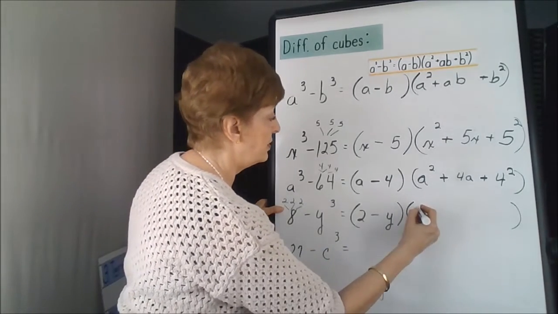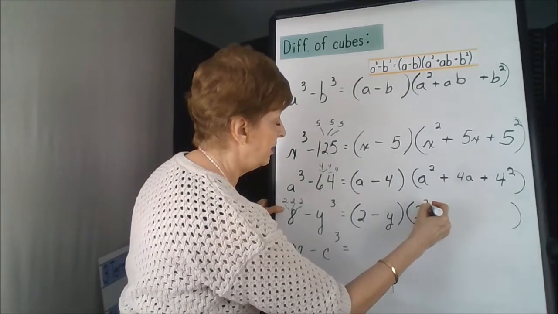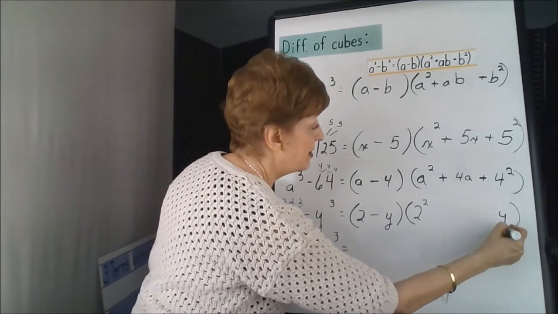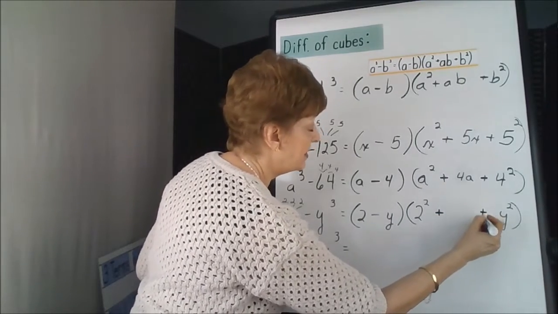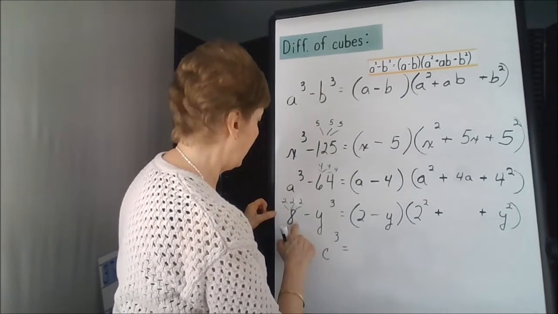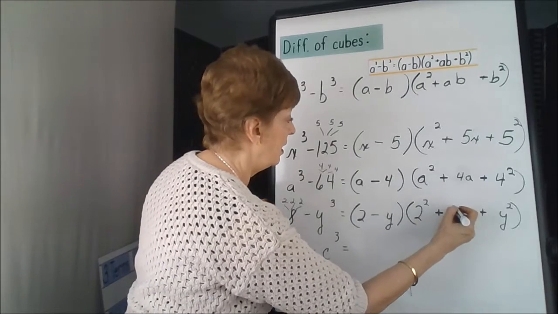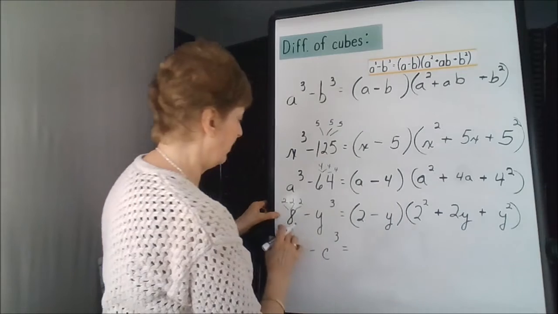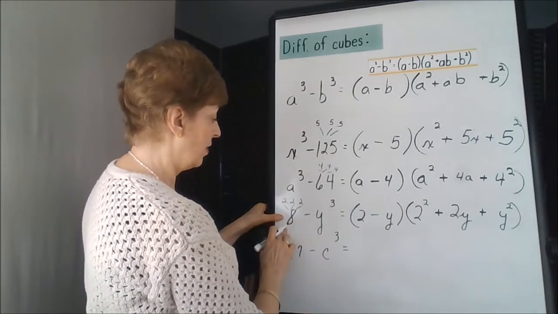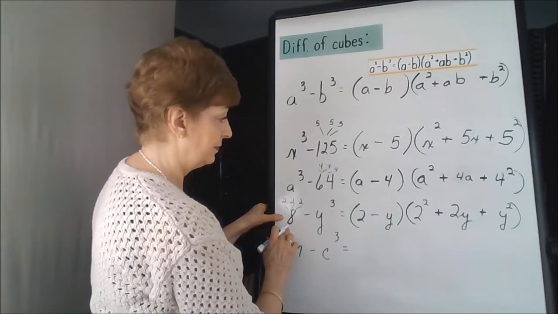Then we're going to put a 2 squared here and a y squared here. Two positive symbols, and then we're going to have in the middle 2y. One of the y's and one of the 2's.